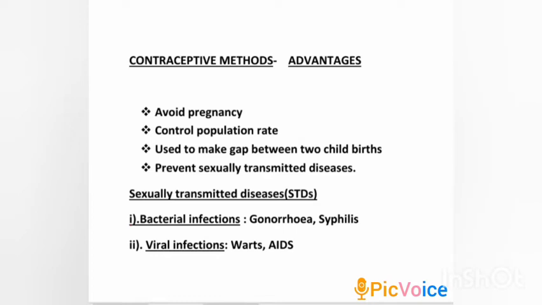There are many advantages for these contraceptive methods. First one is it avoids pregnancy and thereby controls the population rate. Some parents use these contraceptive methods to make a gap between two childbirths.